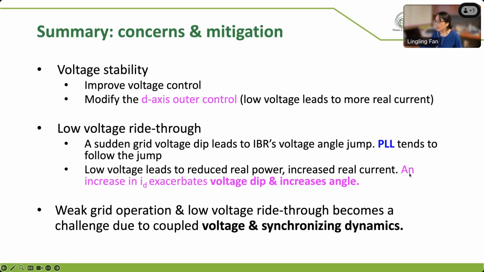Again, on the grid side, an increase in Id exacerbates the voltage dip and the angle increase. So looking at weaker grid operation and low voltage ride-through, it is challenging because you have coupled voltage stability and synchronizing stability issues together. Okay, so this is the second part of this talk.